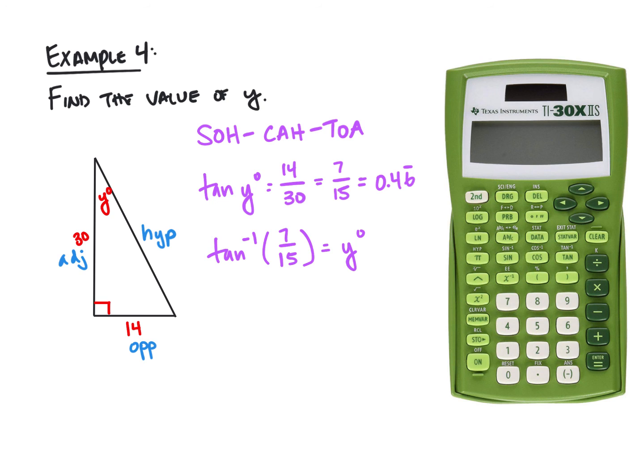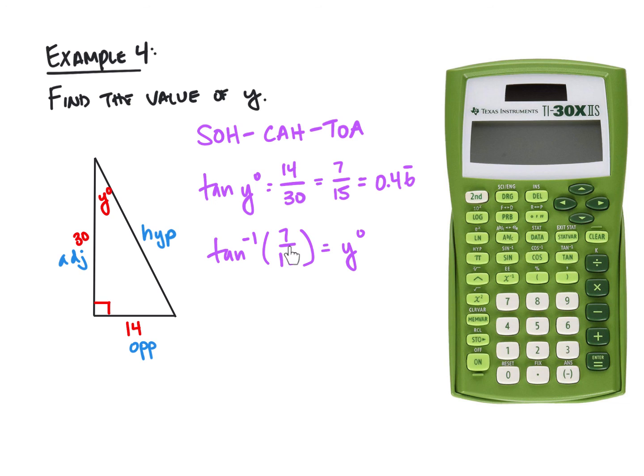So I'm going to grab my calculator, I'm going to hit second tangent, 7 over 15, and I'm going to close the parentheses. Always remember that when you press sine, cosine, or tangent, it opens a parentheses automatically. Close that parentheses when you're done typing what you want to be in there. So like the way I wrote it with the parentheses around 7 over 15, when I hit second tangent, it opened this parentheses.